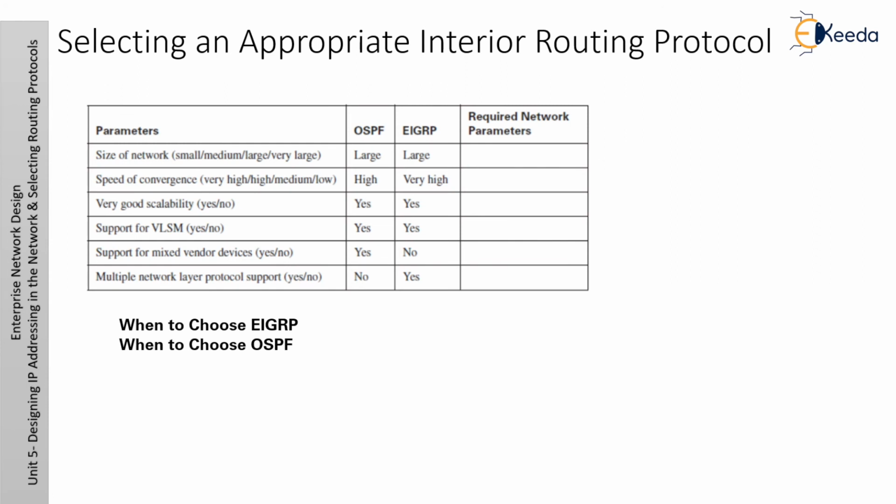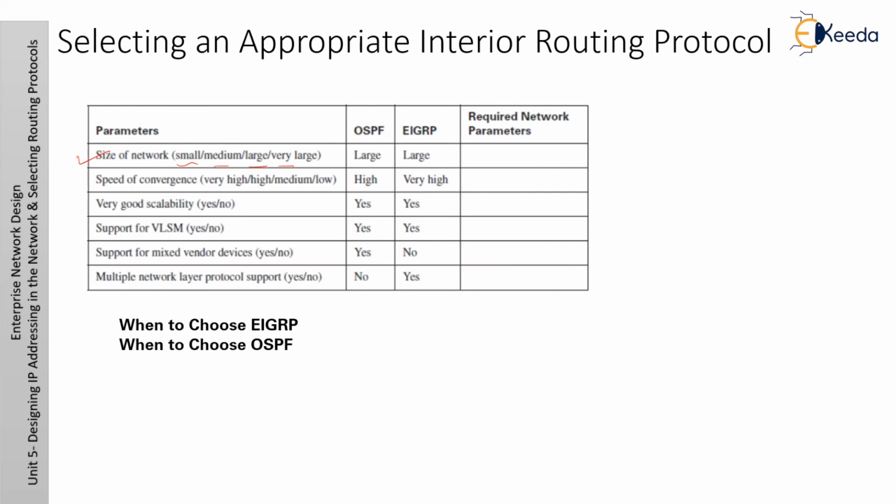Now come to the point, selecting an appropriate interior routing protocol. The selection of a routing protocol is based on the design goals and physical topology of the network. Both EIGRP and OSPF are recommended as enterprise routing protocols. So this table is very helpful, if the required network parameters are yours. Like the parameter size of network, whether it is small, medium, large, very large.